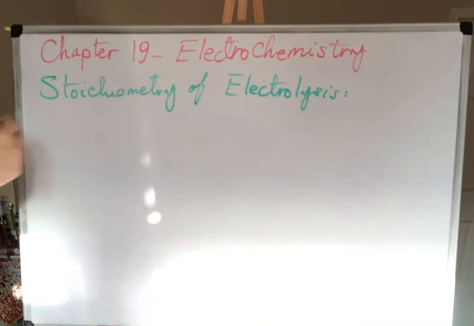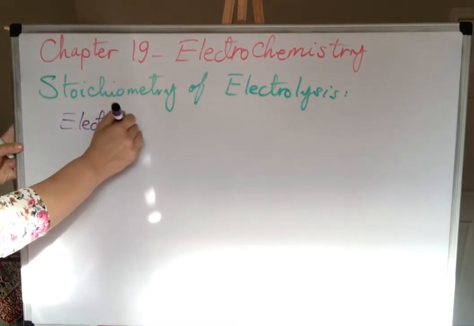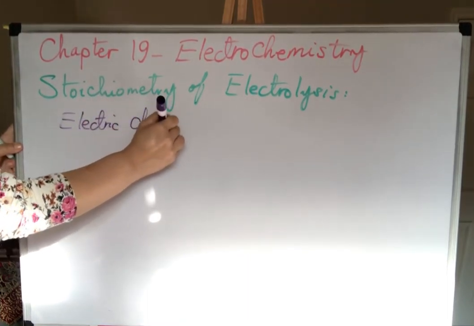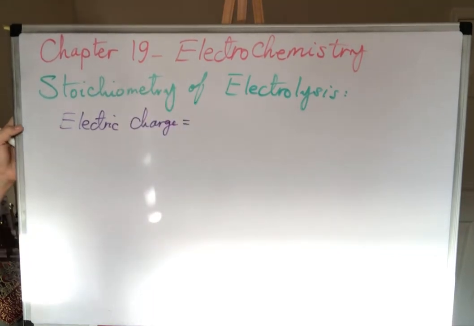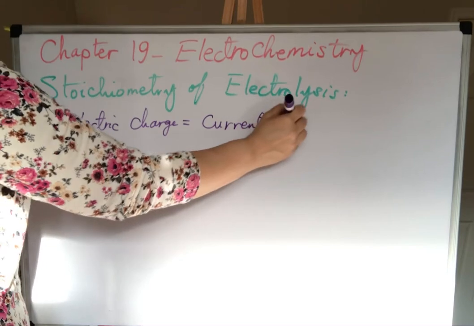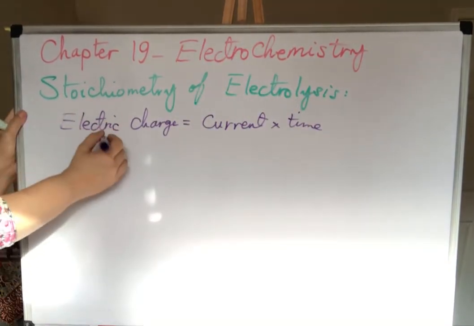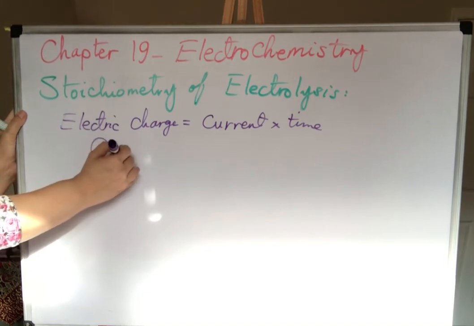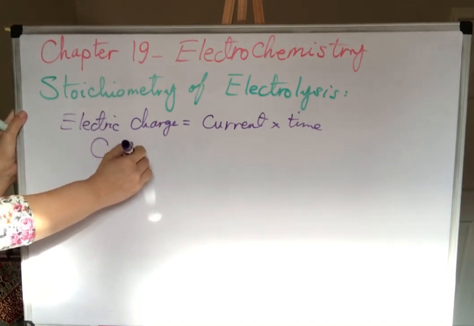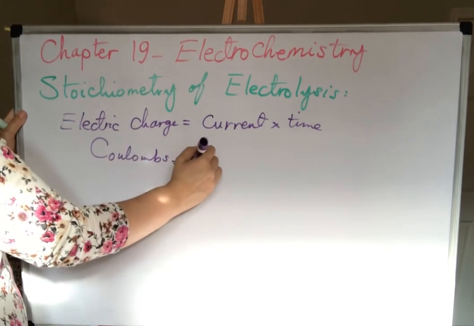So what you need to know at this point is that electric charge is equal to current times time. And electric charge, its unit is in coulombs. Current is in amperes.